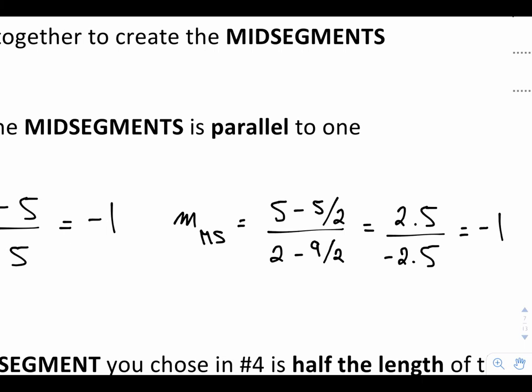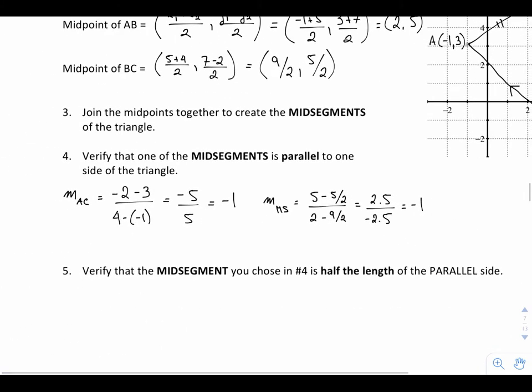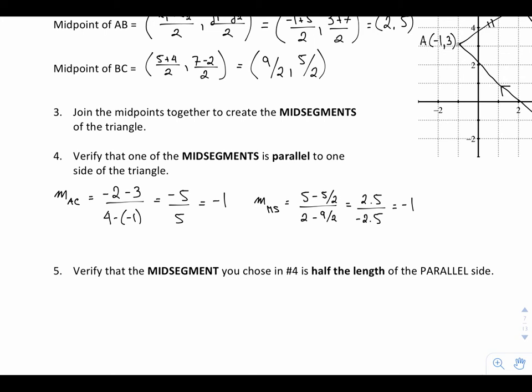Again, I would recommend you understand how I went from here to here. I'm not going to take the time to explain that. Try going over it yourself. Anyways, this is good news. I have -1 here. I have -1 here. The slopes are equal, so the lines are parallel indeed.